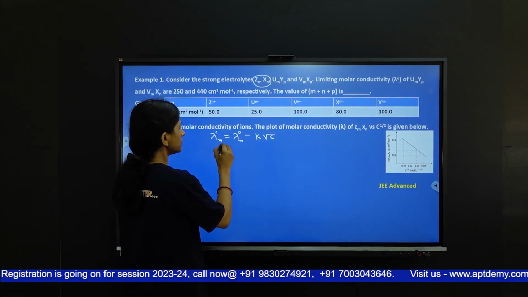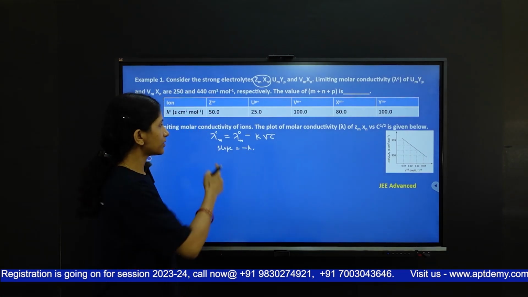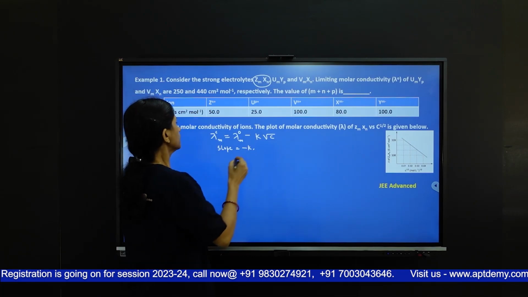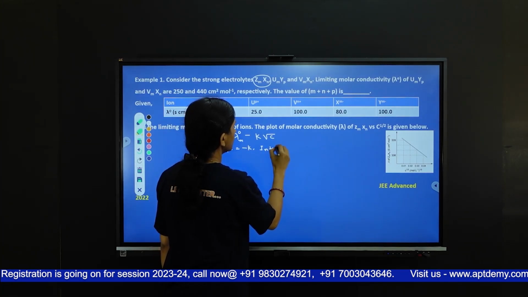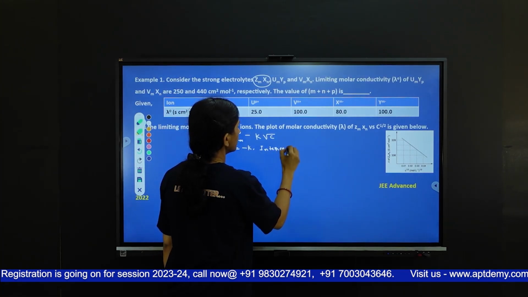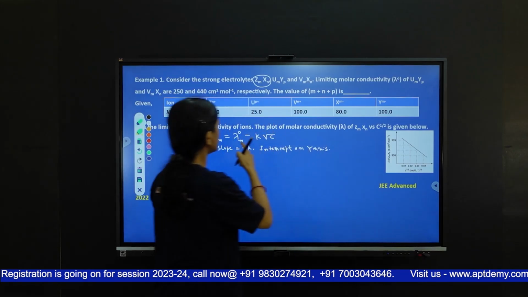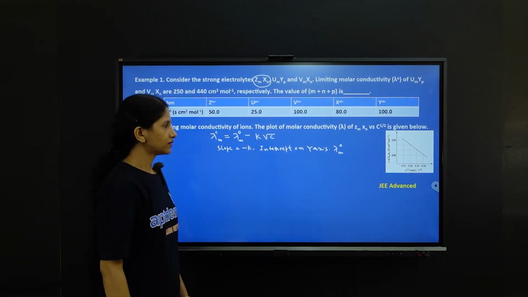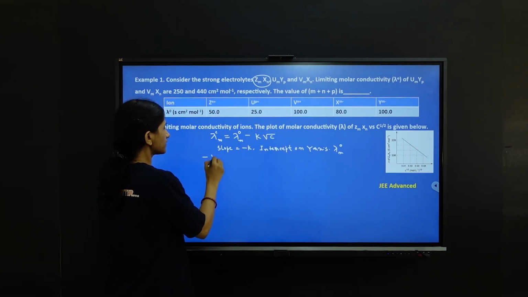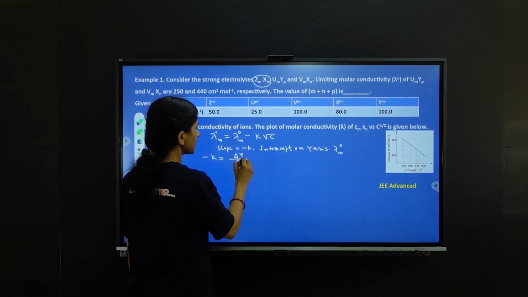And from this equation, what can we say? That it is having a slope of minus k, and the intercept on the y-axis, because it is a straight line as you can see from the plot, from the relationship you can say that it is lambda m0. And this minus k can be written as equal to delta y by delta x.